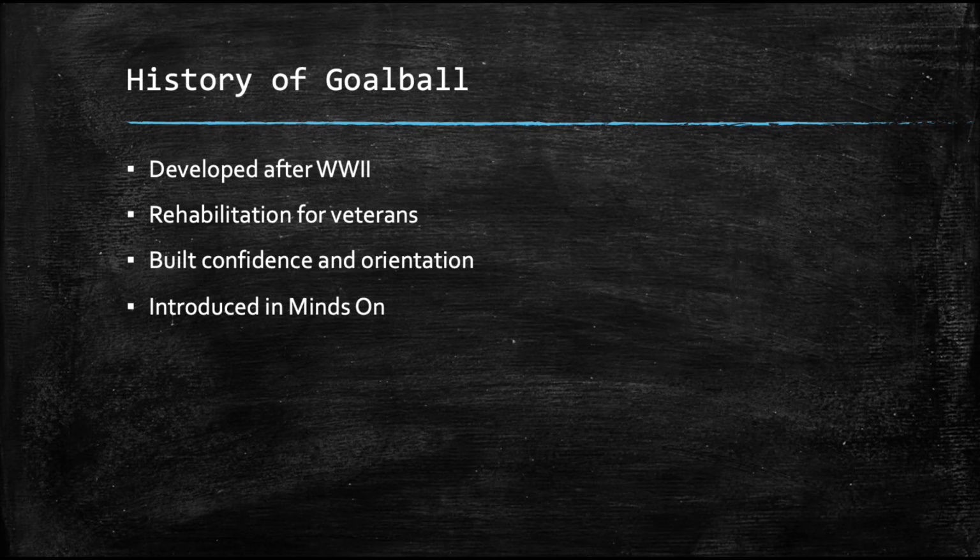Beginning with history helps students understand that goalball exists because of real people and real needs, not simply as a novelty activity. This historical framing also sets the tone for respectful participation. Students enter the physical portion of the lesson with an understanding of why silence, communication, and focus are essential.